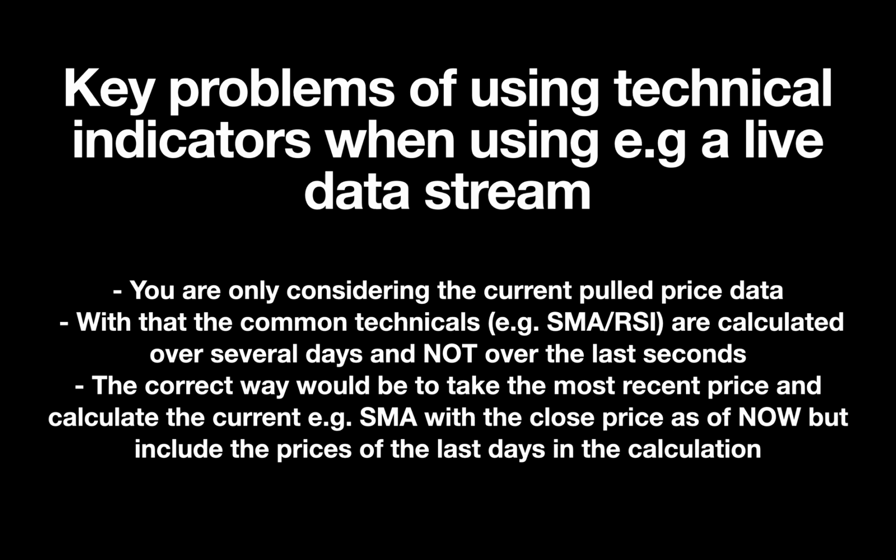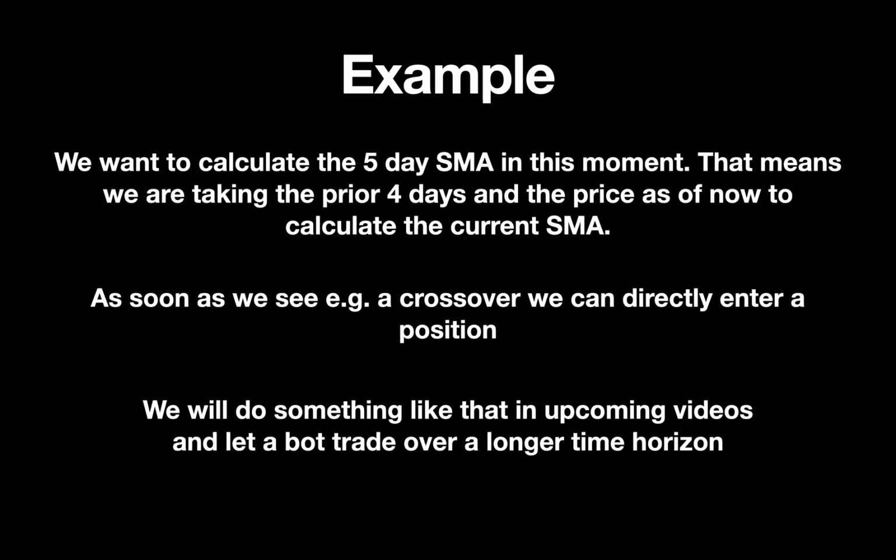The correct way would be to take the most recent price and calculate, for example, the SMA with the close price as of now, but include the prices of the last days in the calculation. As an example, if we want to calculate the 5-day simple moving average in this moment, we have to take the prior 4 days and the price as of now to calculate the current SMA. And as soon as we see a crossover, we can directly enter a position.